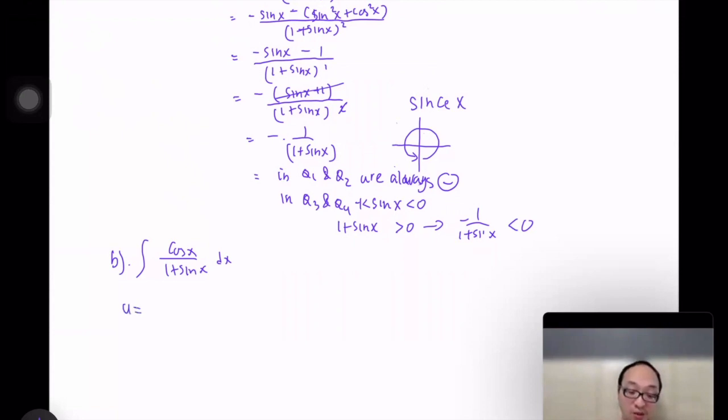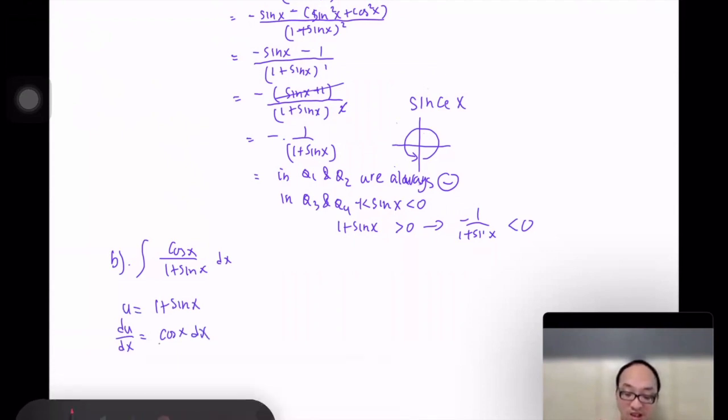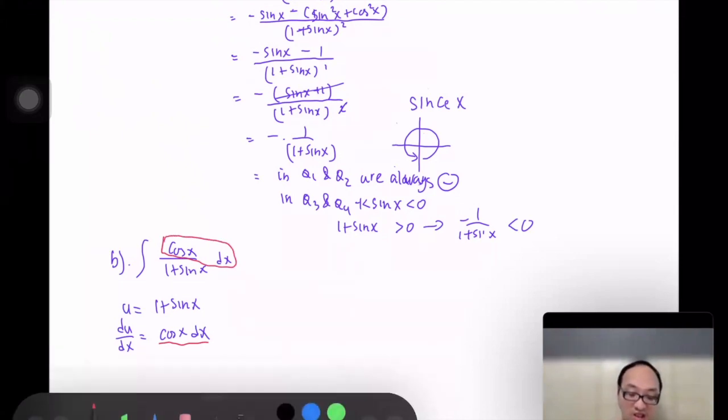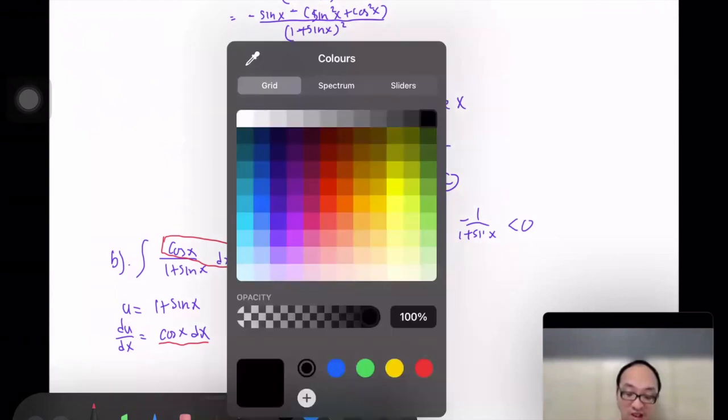So we put the denominator as u. u is 1 plus sin x. du over dx is cos x, so cos x dx is equal to du. So we can just simply change it.